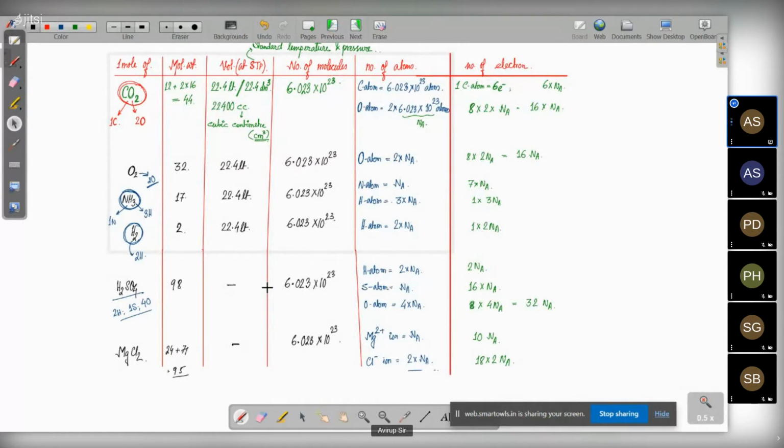This is easy to understand, nothing critical regarding it. Now we need to apply it in numericals. Technically we have completed the theory segment of this chapter.